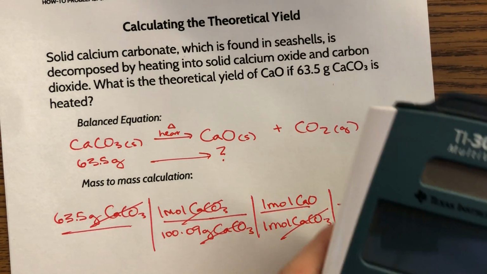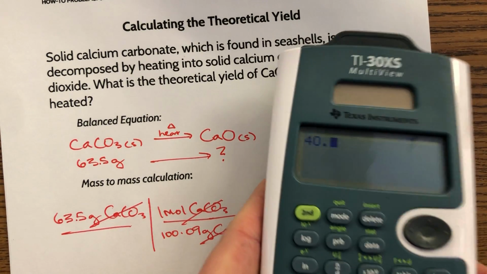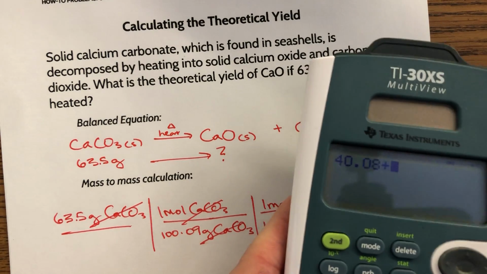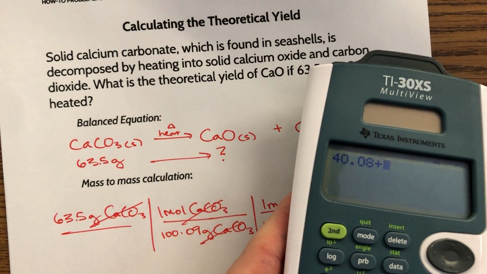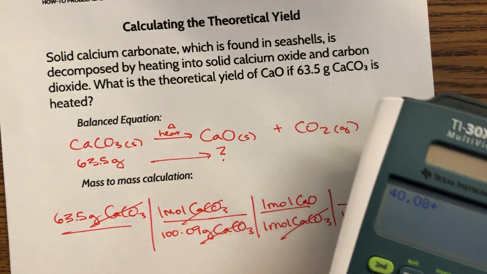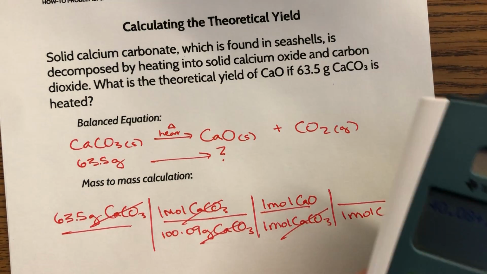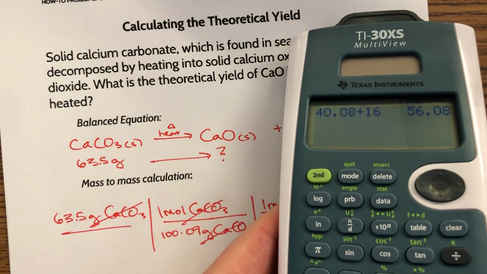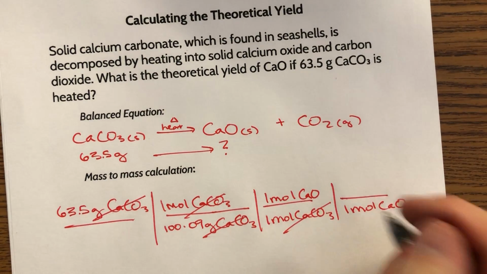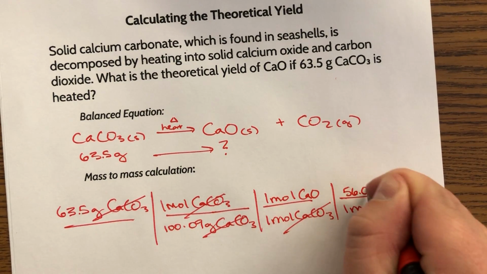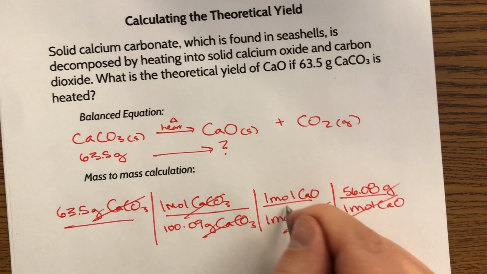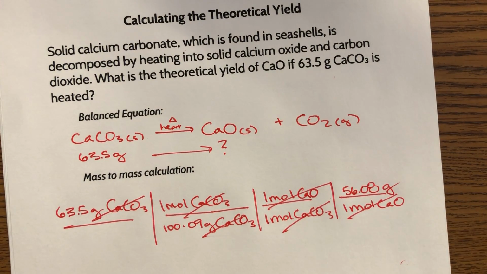Calcium is 40.08. We just did this, so I remembered what the molar mass of calcium is. And then oxygen is 16, which gives 56.08 grams. And these cancel, and that gives us the units we're looking for.